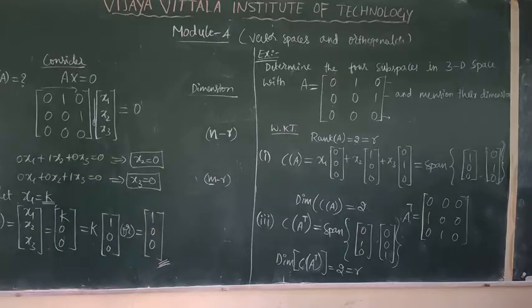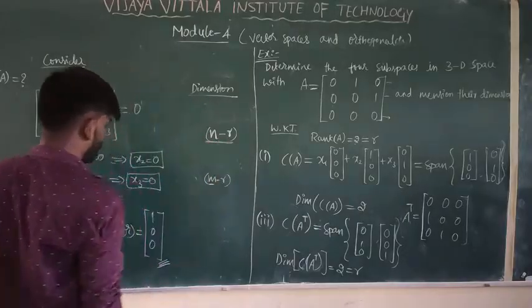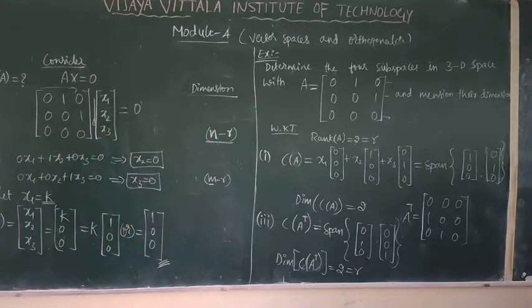The dimension of the null space of A is n minus r. Here n is the number of components of the vectors in the vector space R^n. How is it 1?